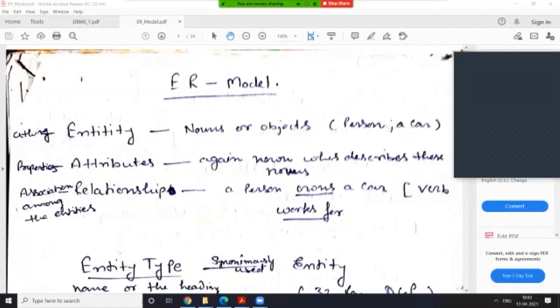Suppose, for example, I say that a faculty teaches a student. This is one line of your requirement analysis, or a verbal expression. What will you say? Without faculty and student, this teaching-learning process cannot be performed, cannot occur.